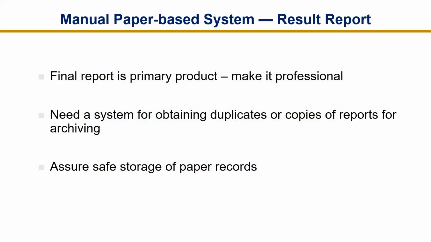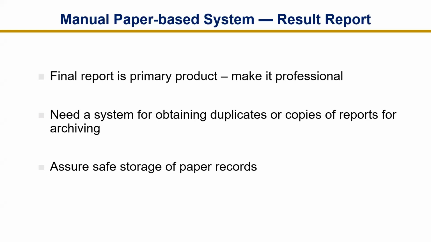So we've touched on it in the general result report, but specifically when we talk about paper-based reports, if it is handwritten, then it's a challenge. But again, it is the image of the lab. It is what you are producing at the end of the day, and significant effort needs to be given to make sure that it looks professional and includes all the information that is needed.